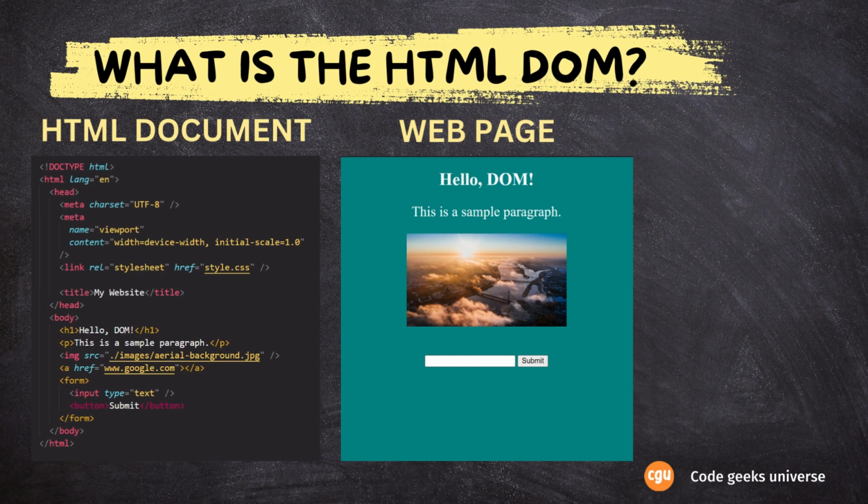Now, what is the HTML DOM? The HTML DOM is a specific type of DOM that represents an HTML document. An HTML document is a web page that contains HTML elements such as headings, paragraphs, images, links, forms, and so on. The HTML document model is a powerful tool for organizing HTML elements.